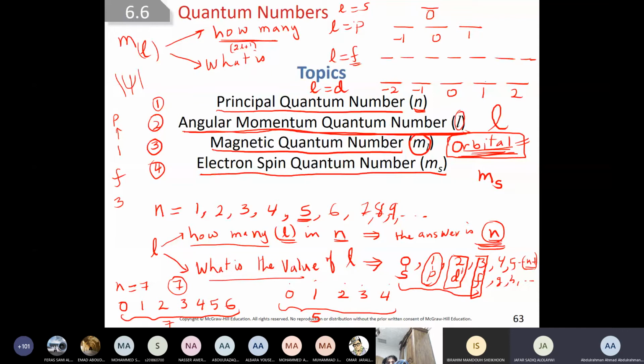I want to tell you one thing. How I write these values is not important. I don't have to write it always like this. I can make it plus 1, 0, and minus 1. It's okay. When L is 1, what are the solutions? Minus 1, 0, and 1.